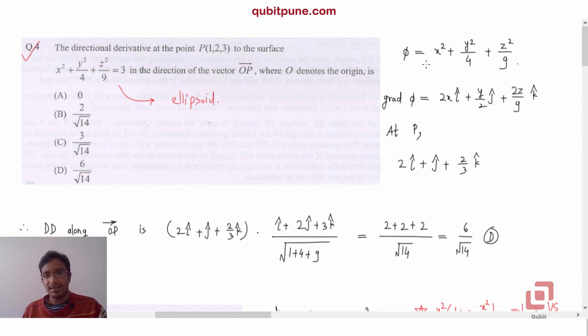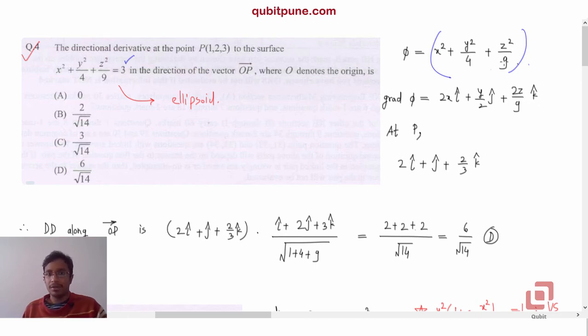So I'll call the scalar function phi as the left hand side of the equation of the surface. So phi is equal to x squared plus y squared by 4 plus z squared by 9. So phi equal to constant will represent level surfaces, and there are many of them. One of them is phi equal to 3. The next step is to find the gradient of phi, which is 2x i cap plus 2y by 4 or y by 2 j cap plus 2z by 9 k cap.